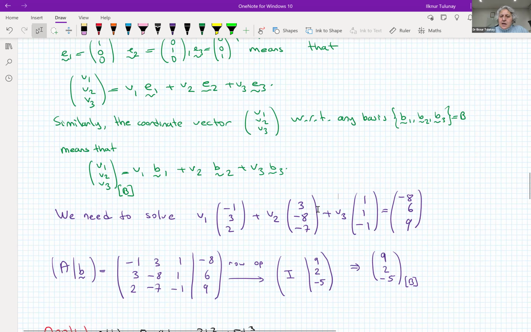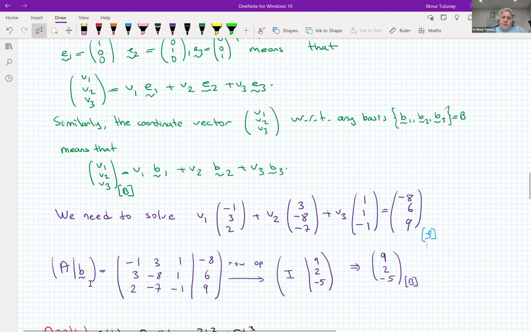These are the basis elements, and this is the vector. This is the coordinate vector with respect to the standard basis. We would like to find v1, v2, v3, the scalars such that it will be a linear combination of the basis.